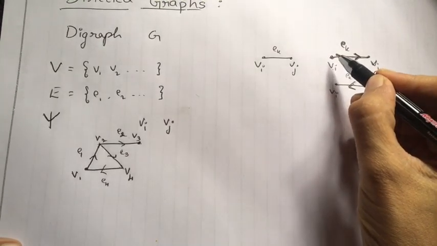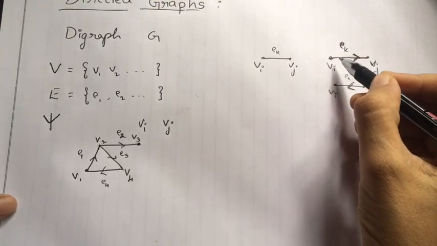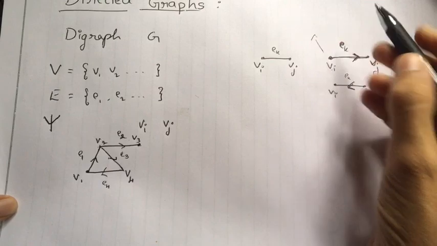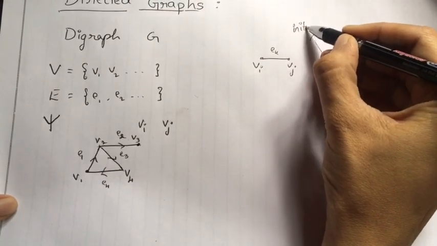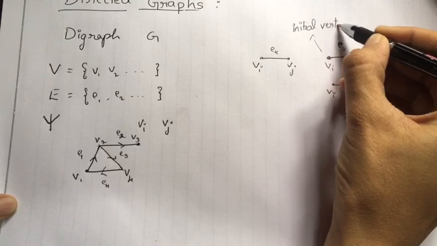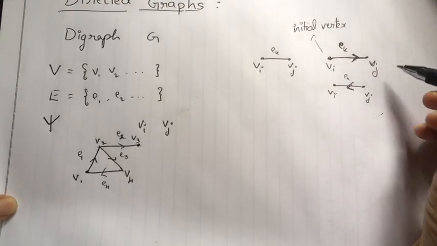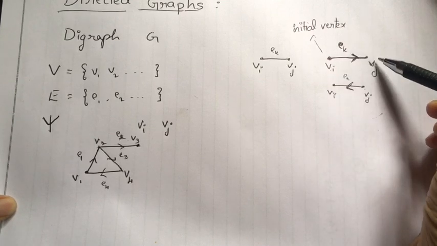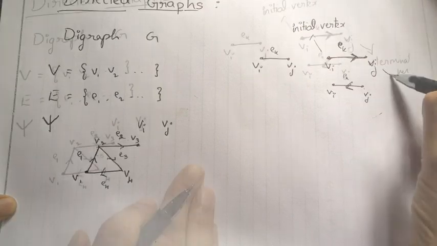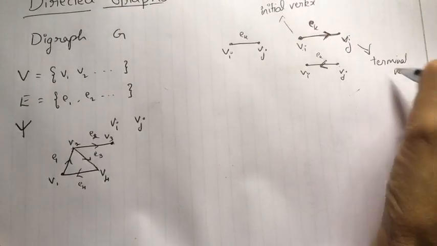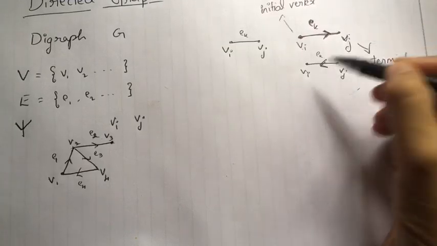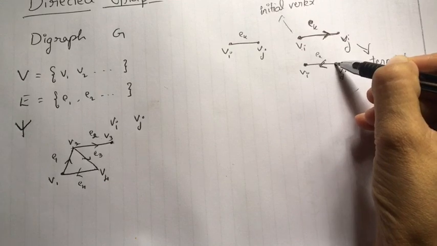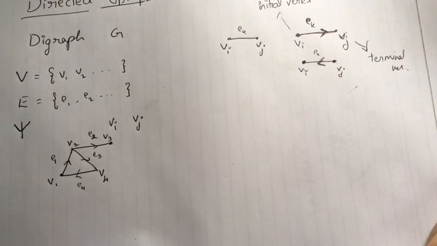The vertex Vi from which edge Ek is incident out of is called the initial vertex, and the vertex Vj into which the edge Ek is incident is called the terminal vertex.